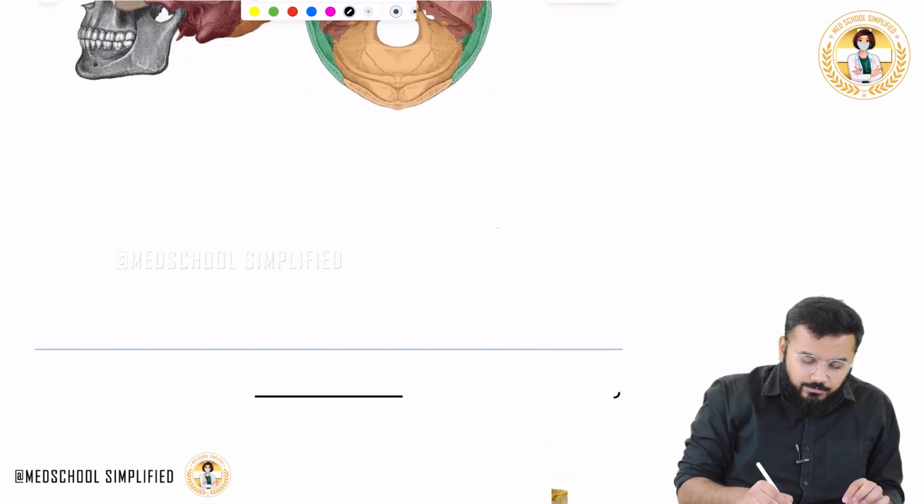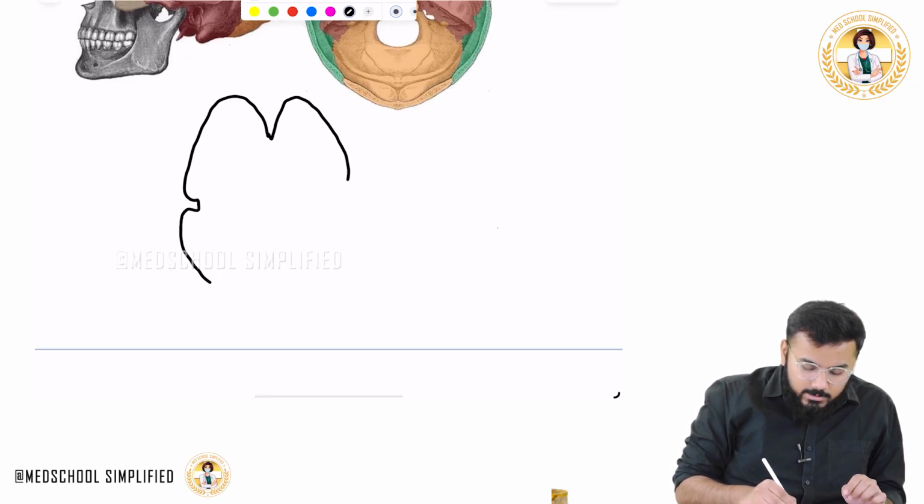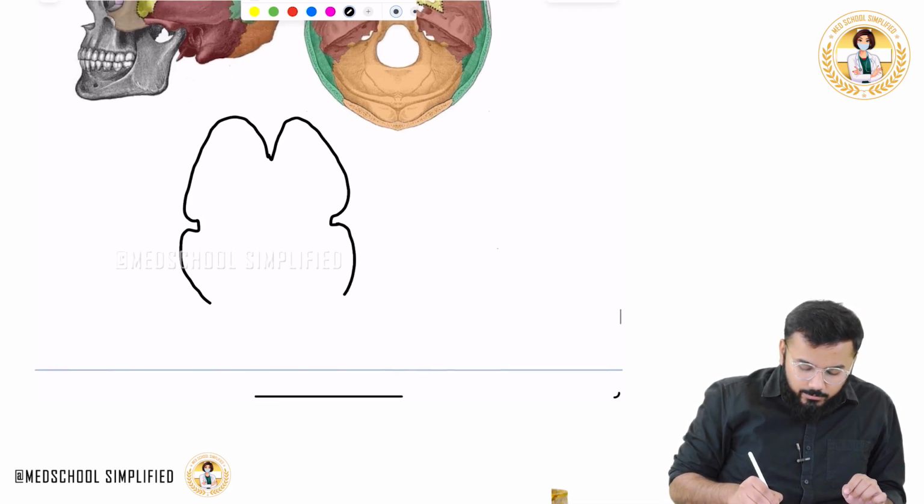For example, in the coronal section, let us say, again just a rough picture, this is the coronal section of your brain.